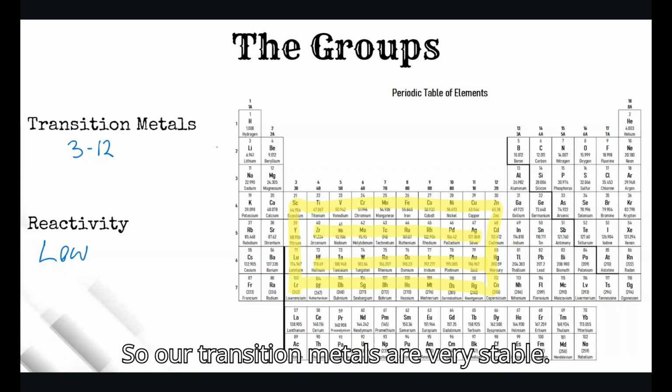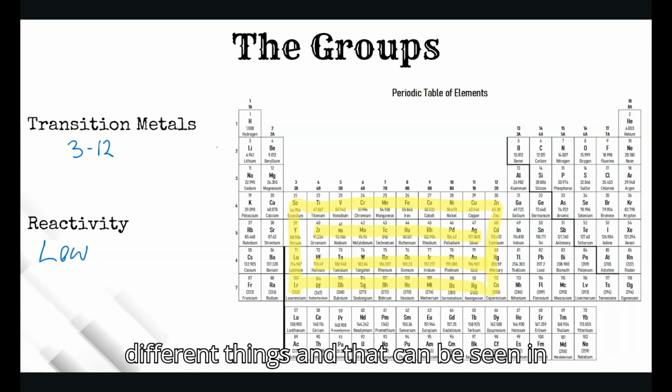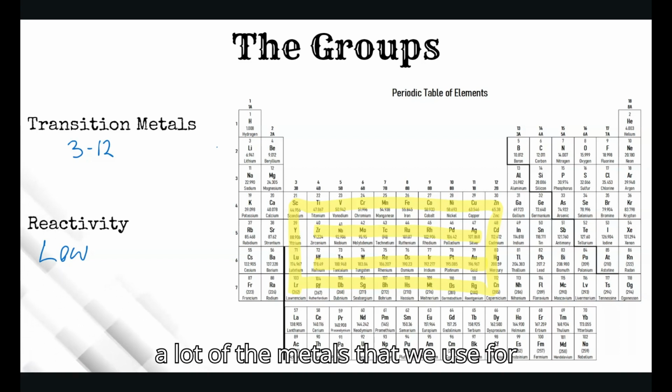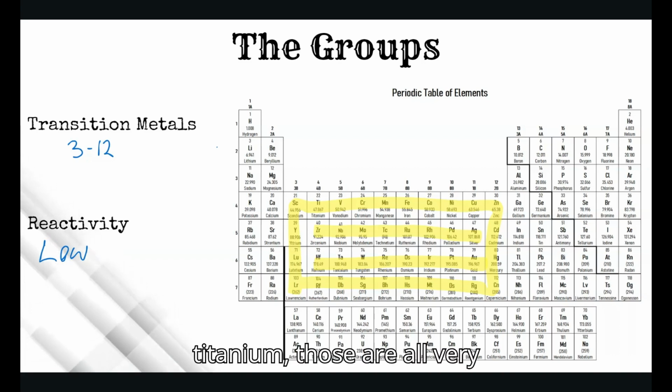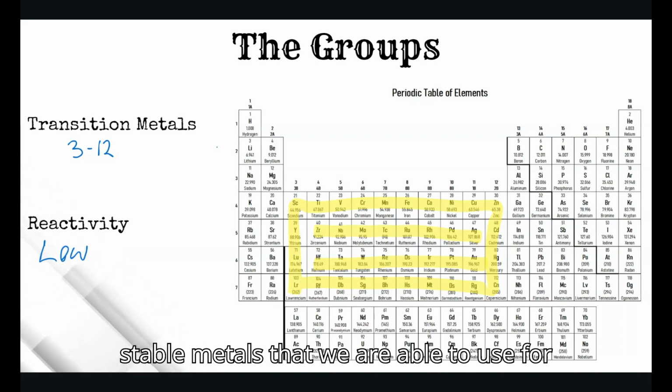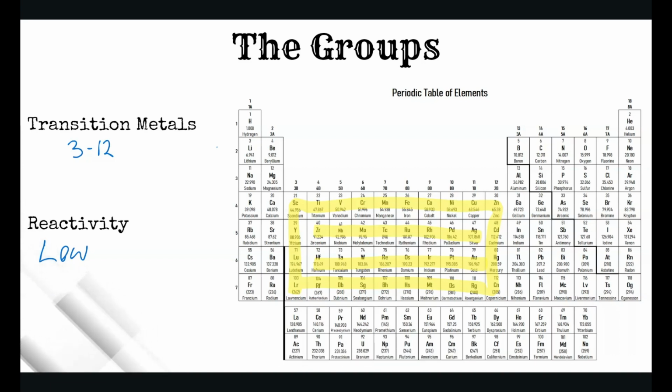Our transition metals are very stable. They're not going to react with a lot of different things. And that can be seen in a lot of the metals that we use for construction. Iron and titanium are very stable metals that we are able to use for building because they don't react with other things.